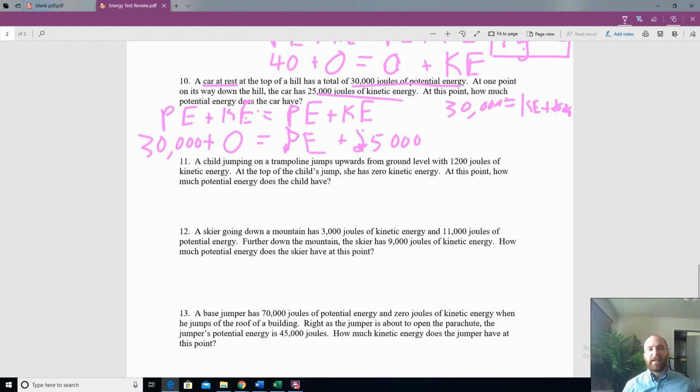So to solve for the kinetic energy, what I'm going to do is subtract 25,000 from both sides. When you do that, 30,000 minus 25,000 is 5,000 joules of kinetic energy.